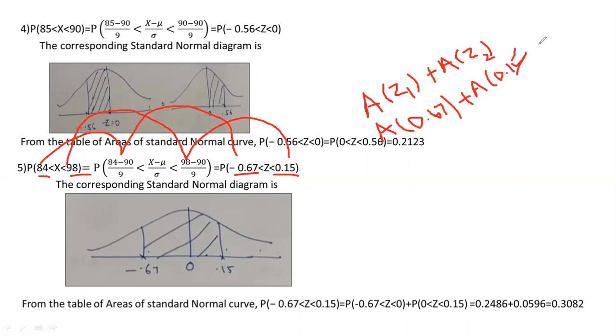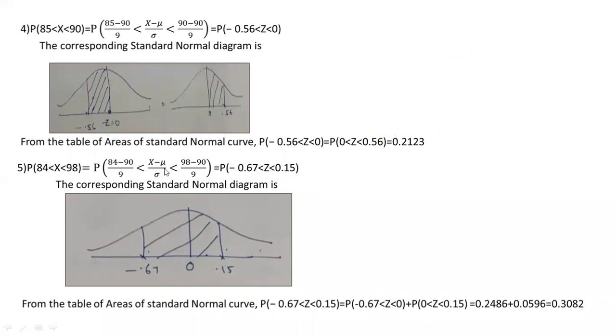The table value for 0.67 is 0.2486, and for A of 0.15 the table value is 0.0596. The addition of these two values is 0.3082. You can see here the normal distribution curve, where 0.67 is on the left side of the mean line and 0.15 is on the right side of the mean line. So we are calculating the area between them. That's it. Like that we find the probabilities or area under the curve for the normal distribution. Thank you.